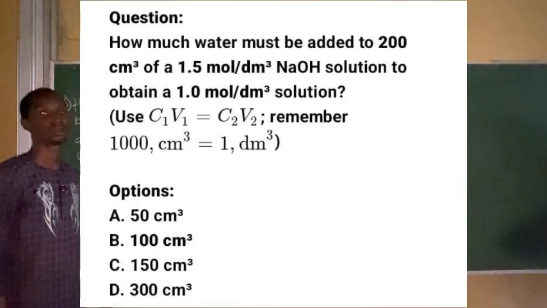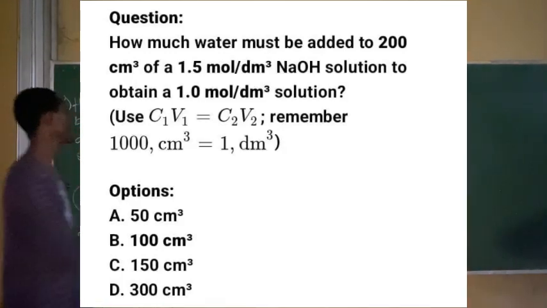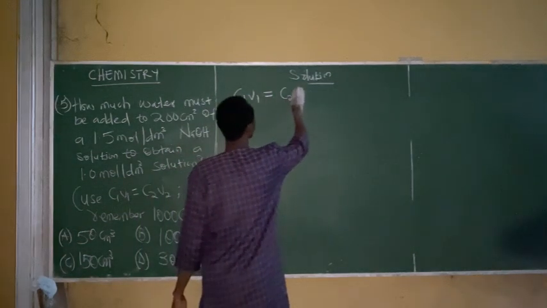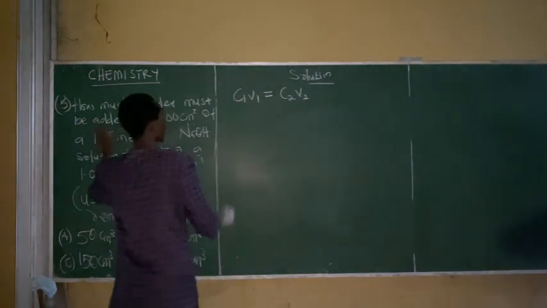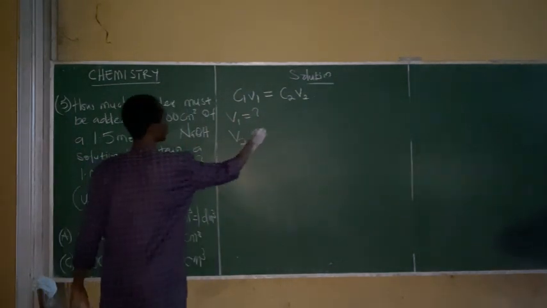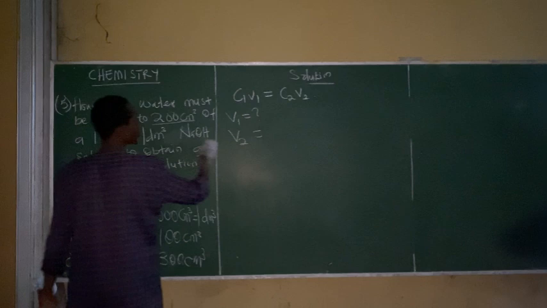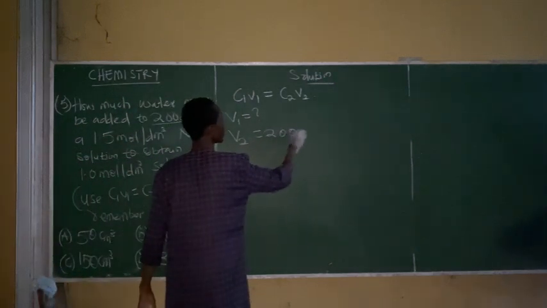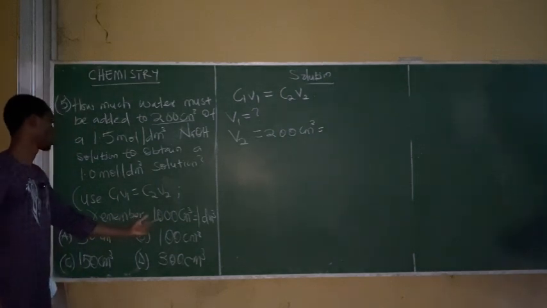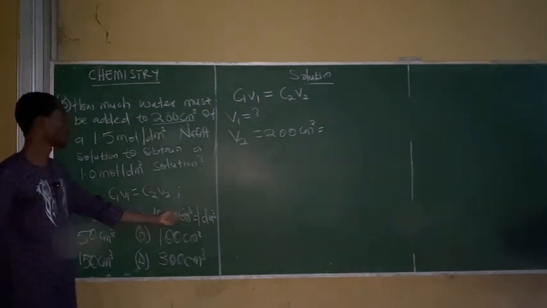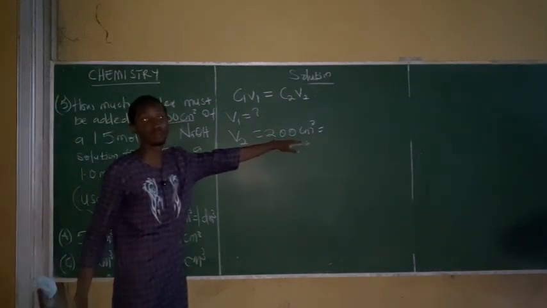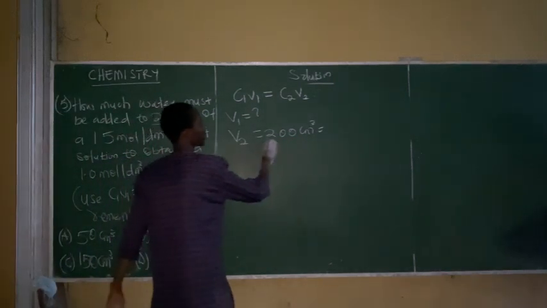Our solution. From the question, we are given the formula C1V1 is equal to C2V2. We have V1 to be unknown, V2 is equal to 200 cm cube. They say converting, 1000 cm cube is equal to 1 dm cube. So for us to convert from cm cube to dm cube, we divide by 1000.